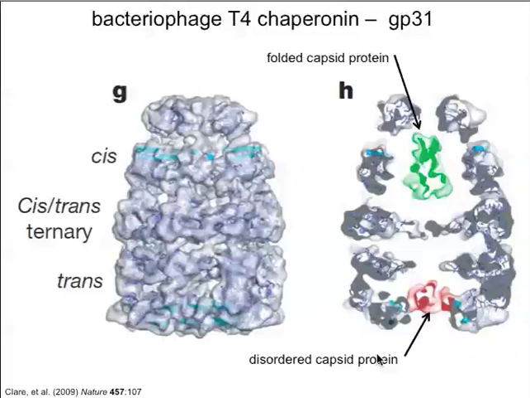It's worth pointing out that this kind of structure determination is not one that I've described to you before. This is called cryo-electron microscopy, and it's very useful for very large complexes of molecules.